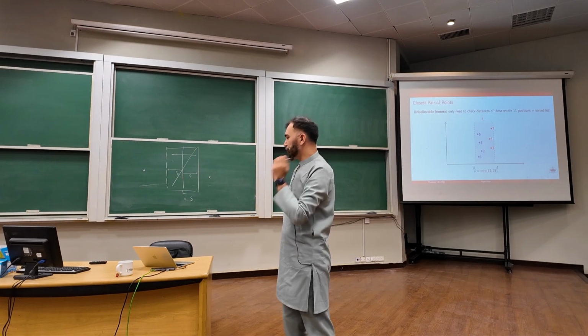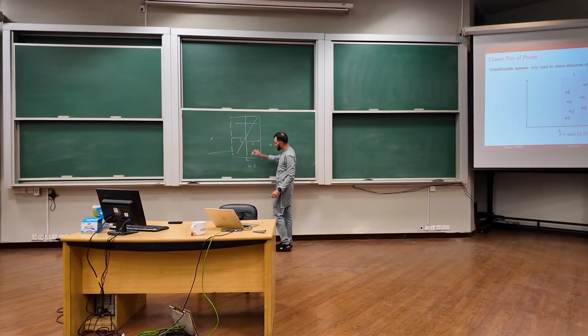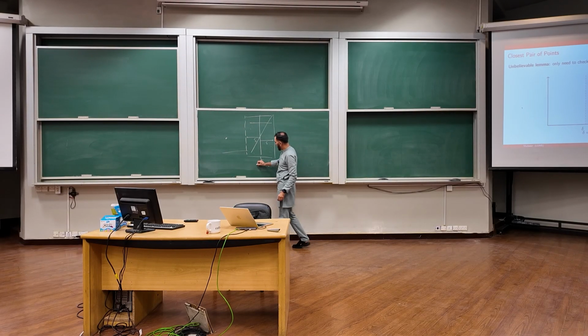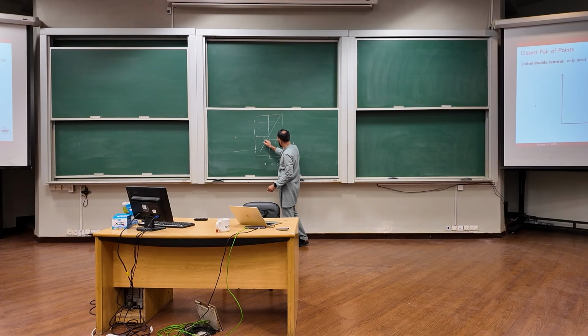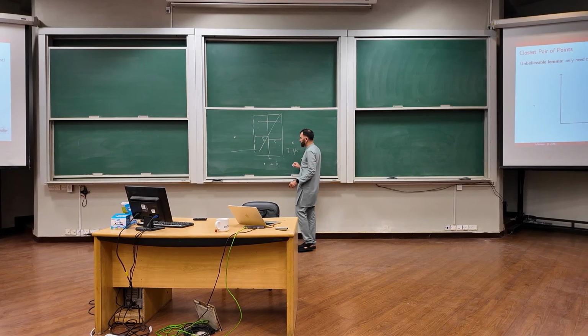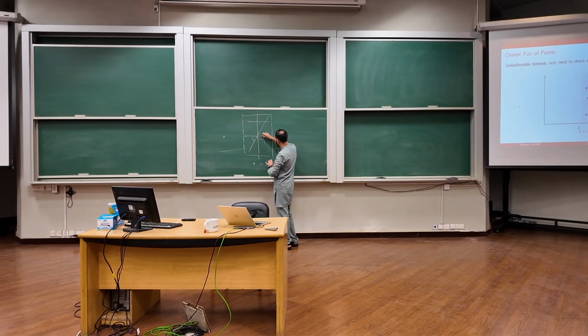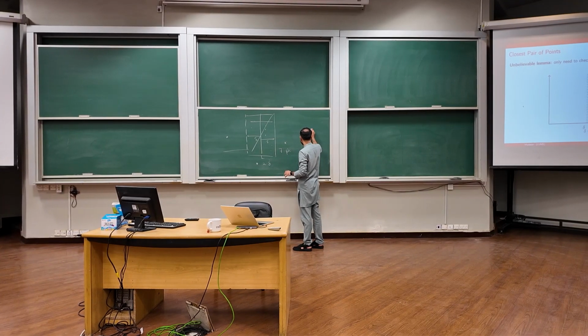So what I'm going to do is sort my points from top to bottom or bottom to top. And when I consider one point here, blue, I'm going to compare this point with the next 7 points. And that's it. Any points that lie more than 7 points away is not going to be at a distance less than or equal to delta.